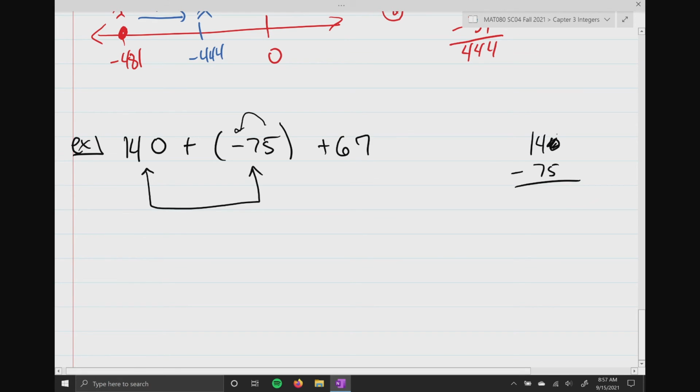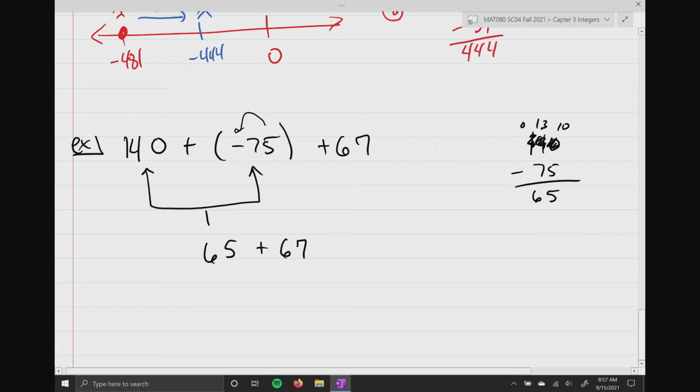I have to borrow. That becomes a 10. This becomes a 3. I've got to borrow again. So 10 minus 5 is 5. 13 minus 7 is 6. So 140 plus negative 75 is positive 65.